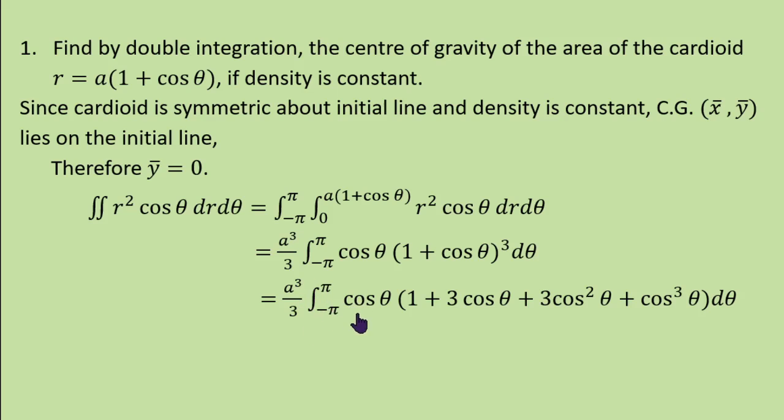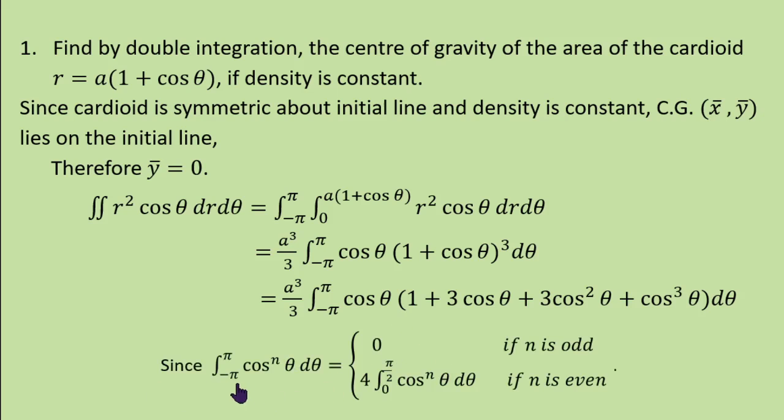But cos of pi minus theta is minus cos theta, so the net integral from 0 to pi is 0 for odd powers of cos, and for even powers of cos it is 2 times, therefore 2 into 2, 4 times. The formula is like this: minus pi to pi cos power n theta d theta is 0 if n is odd, and 4 times 0 to pi by 2 cos power n theta d theta if n is even.